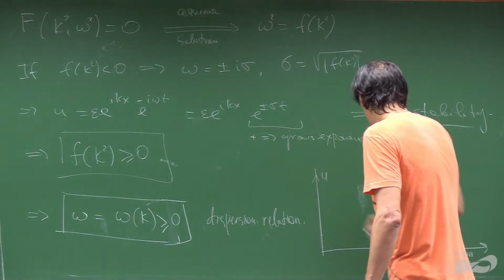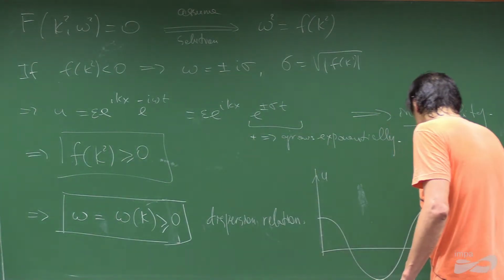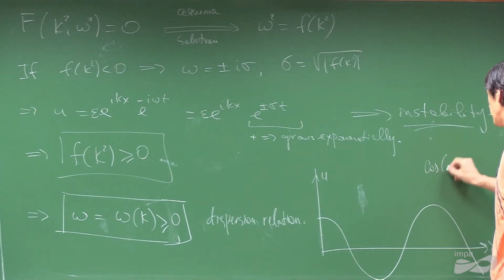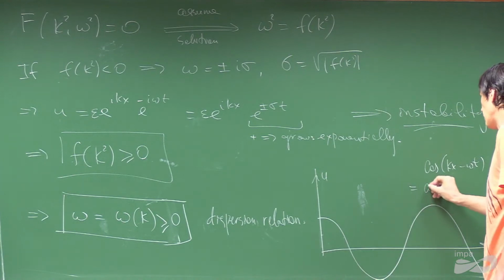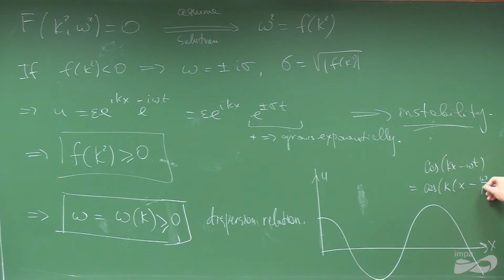So if we take u as a function of x, then it becomes some cosine. So this is cosine of kx minus omega t, which you can write as cosine of k times (x minus omega divided by k times t).